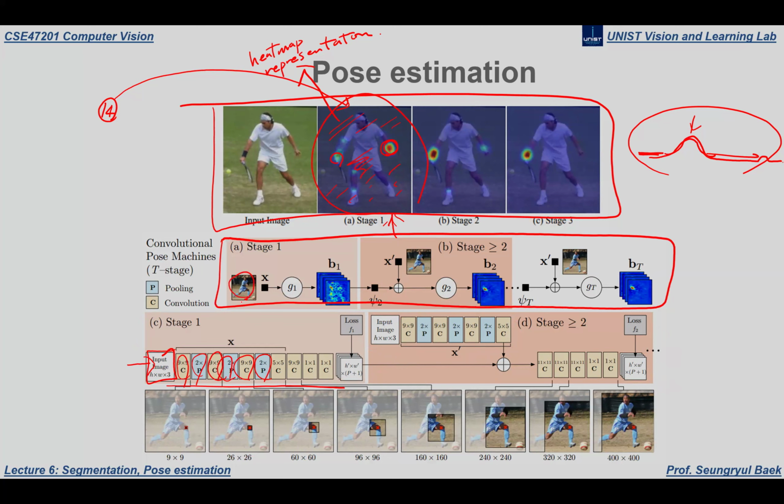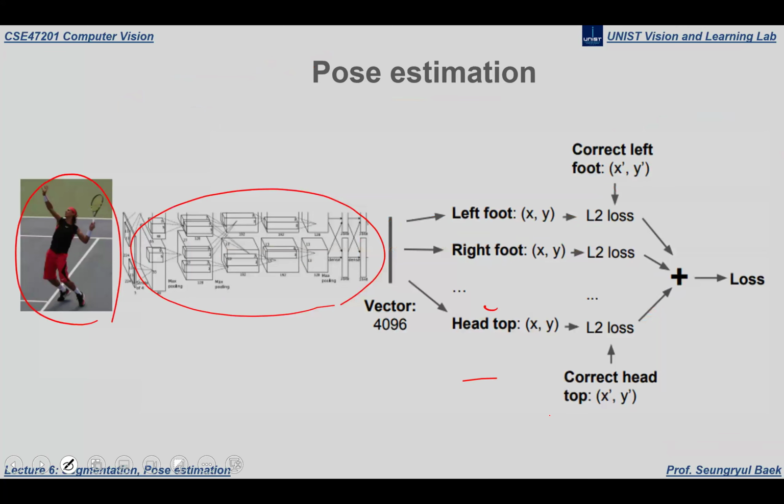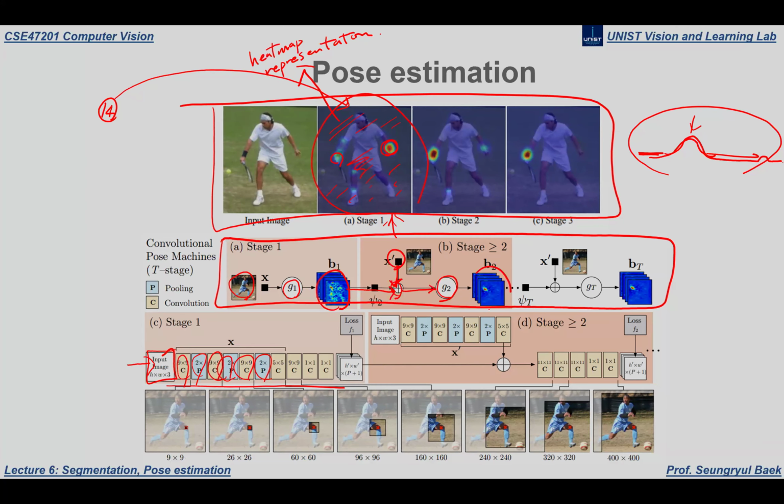From the given image, applying several convolutional and pooling layers, you estimate the first heat map. Then, using another stream of features and the initial heat map, by concatenating them and feeding them to another stream of convolutional and pooling layers, you estimate the second heat map, and do similar things multiple times to estimate T heat maps.